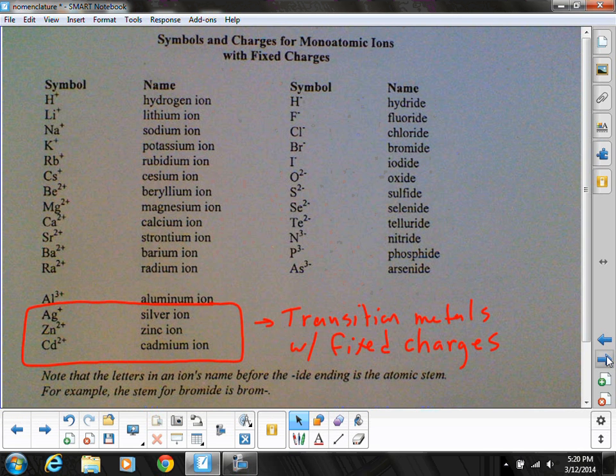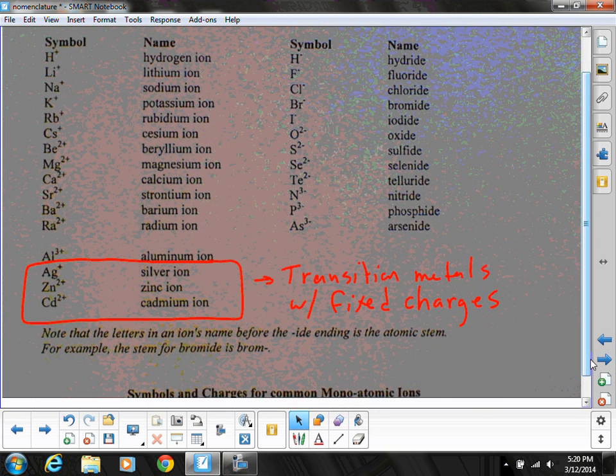I would not mess around with flashcards for any of the other ones listed on this page, but you might want to make them for those so that you get used to, all right, that's a transition metal, but it's silver, zinc, or cadmium. They have a fixed charge. What is it?